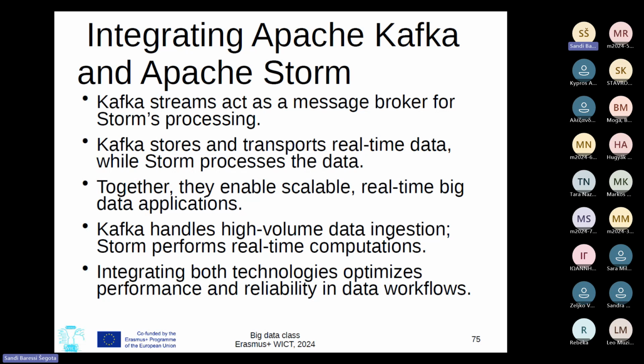As I said, Kafka will handle that high volume data ingestion, getting the data into your system, just receiving the data like your secretary would. Or you can think of it as a mailbox: that's what Kafka is, and it handles receiving a lot of data, while Storm is actually processing the data in a parallel manner.